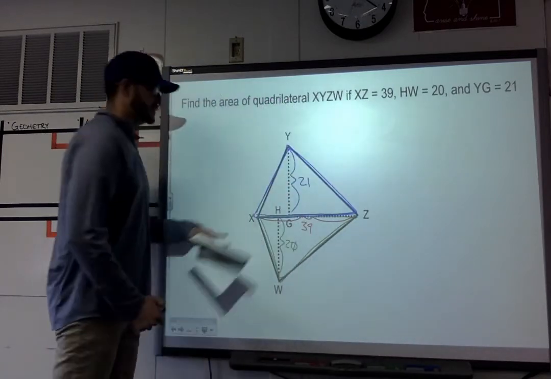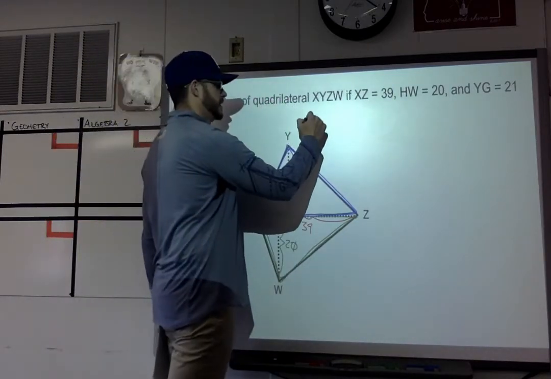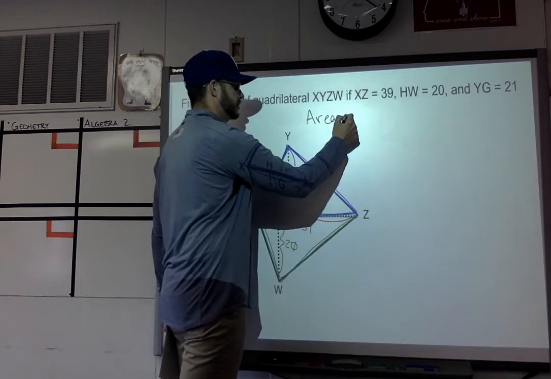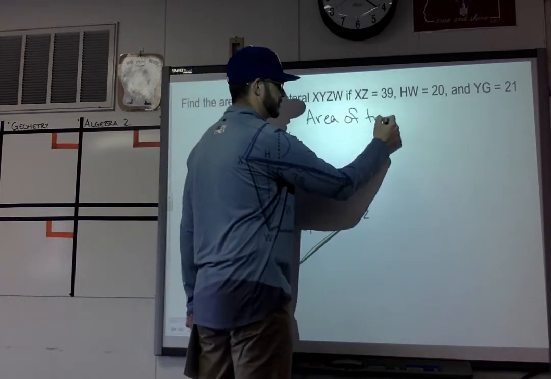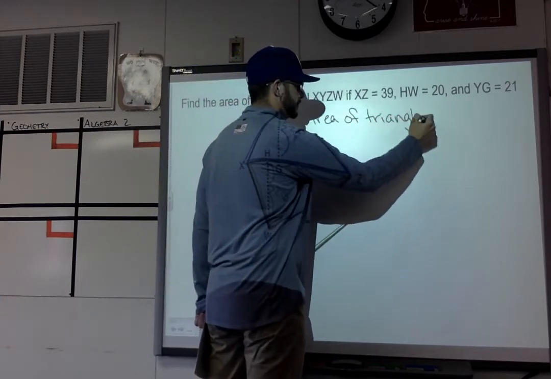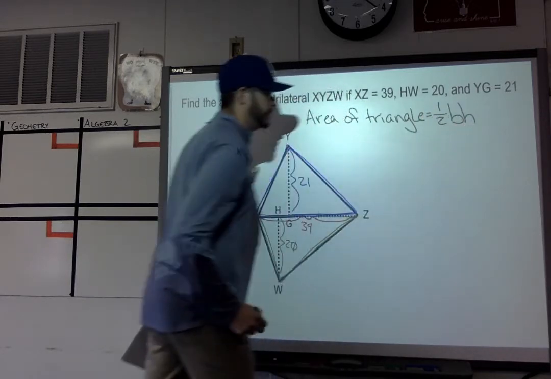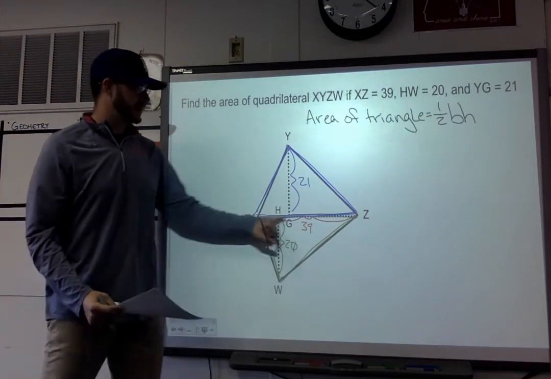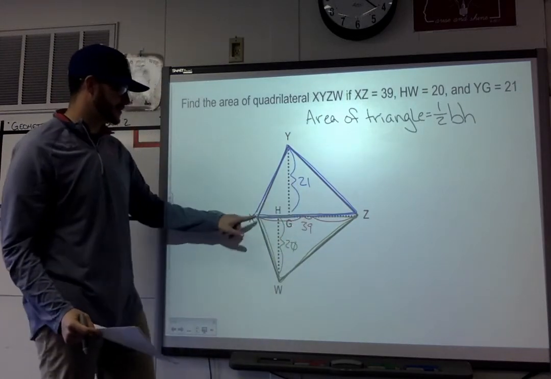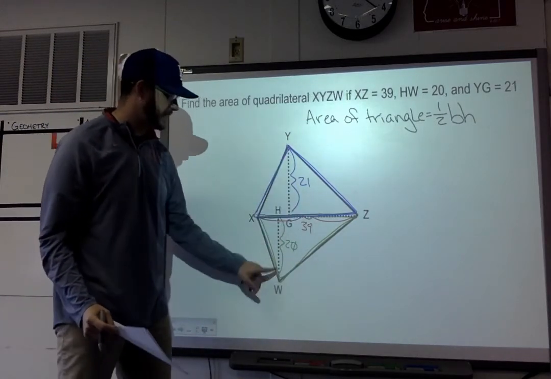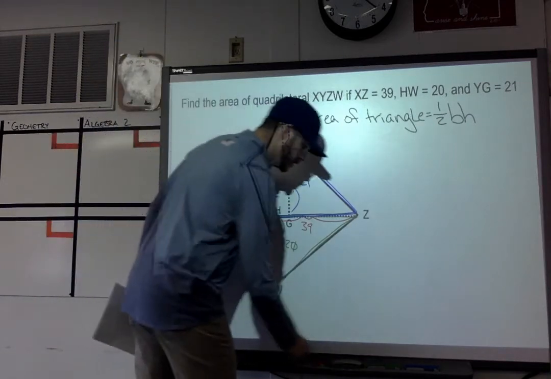And we can do these because we know the area of a triangle is equal to 1/2 times the base times the height. And in these 2 larger triangles, we have the base and the height of each triangle.